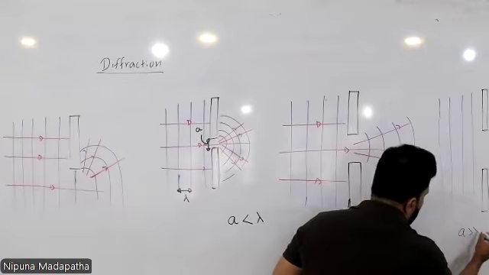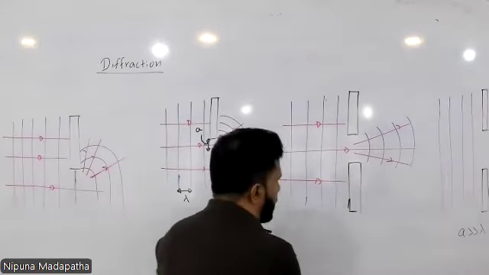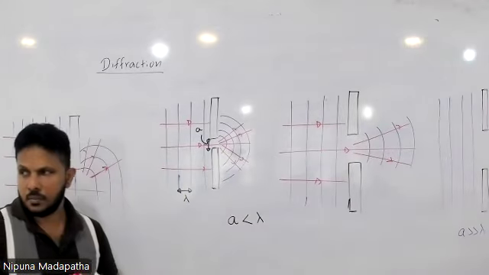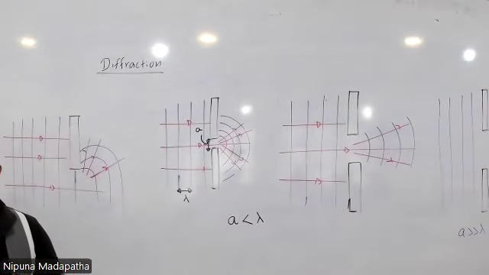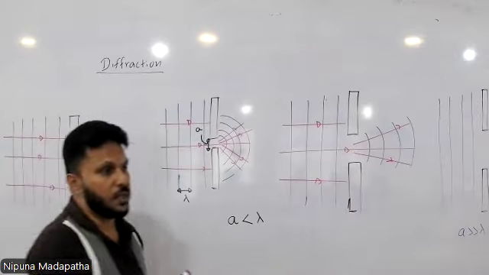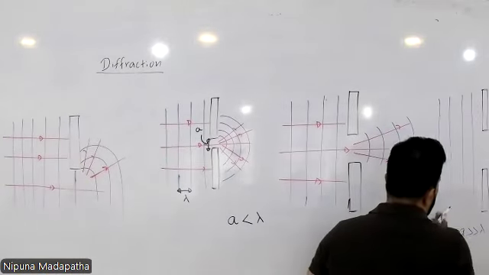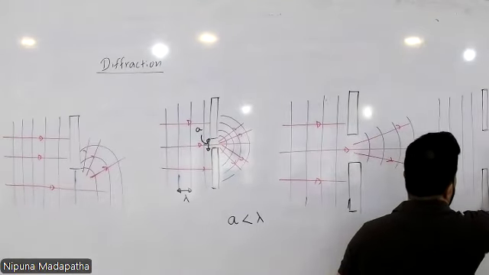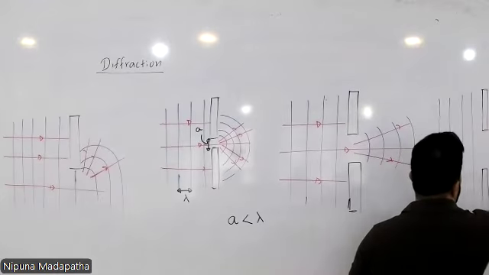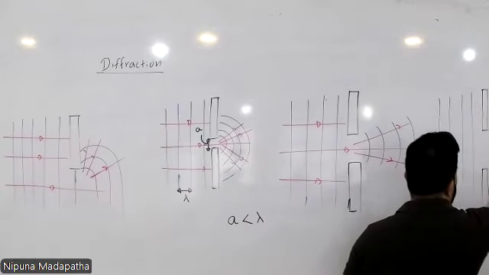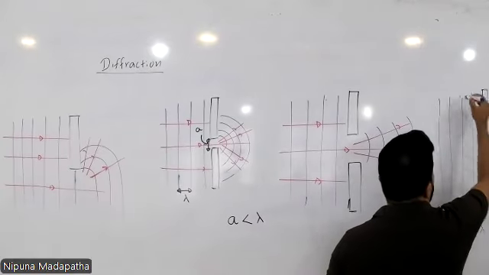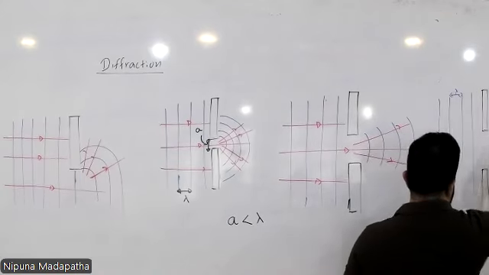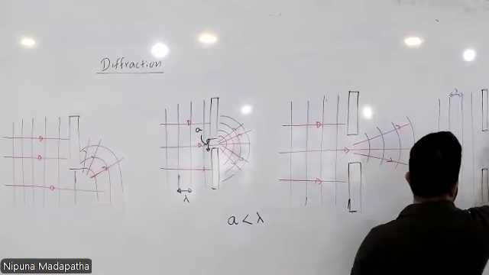The a is very, very large compared to lambda, right? There is minimum diffraction now. So the wave emitted from this aperture goes like this. No diffraction can be seen. And also remember, the wavelength does not change. It keeps the same wavelength.